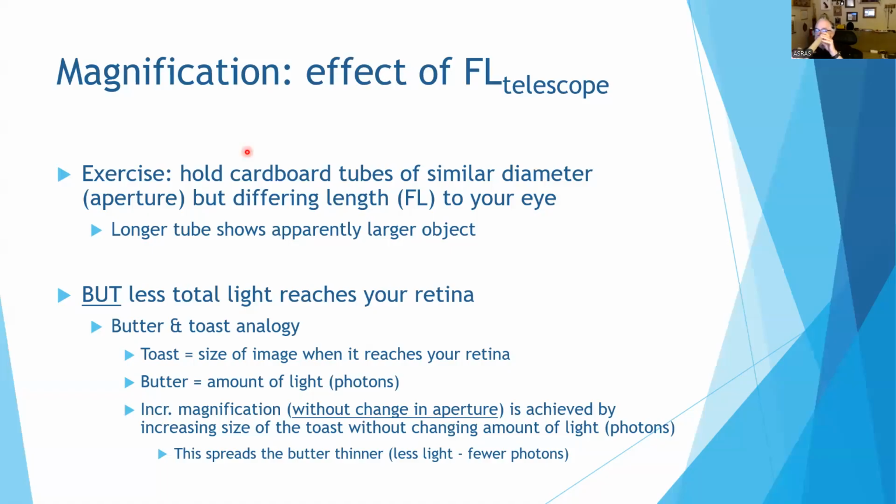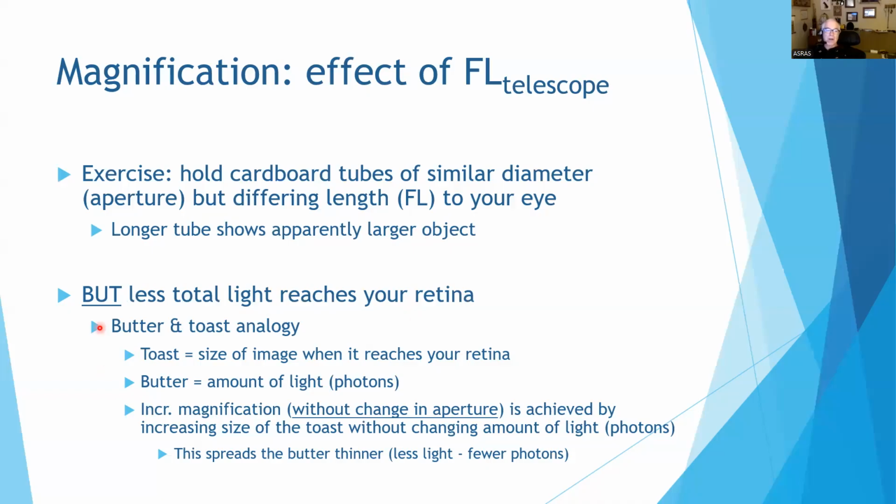And so that object, when it reaches your eye, is going to be greatly magnified compared with the object you see when you hold the shorter tube up to your eye. It's a nice demonstration of how the differing focal length itself can cause apparent magnification of the field of view. The sacrifice you make by that, though, is that less total light reaches your retina.